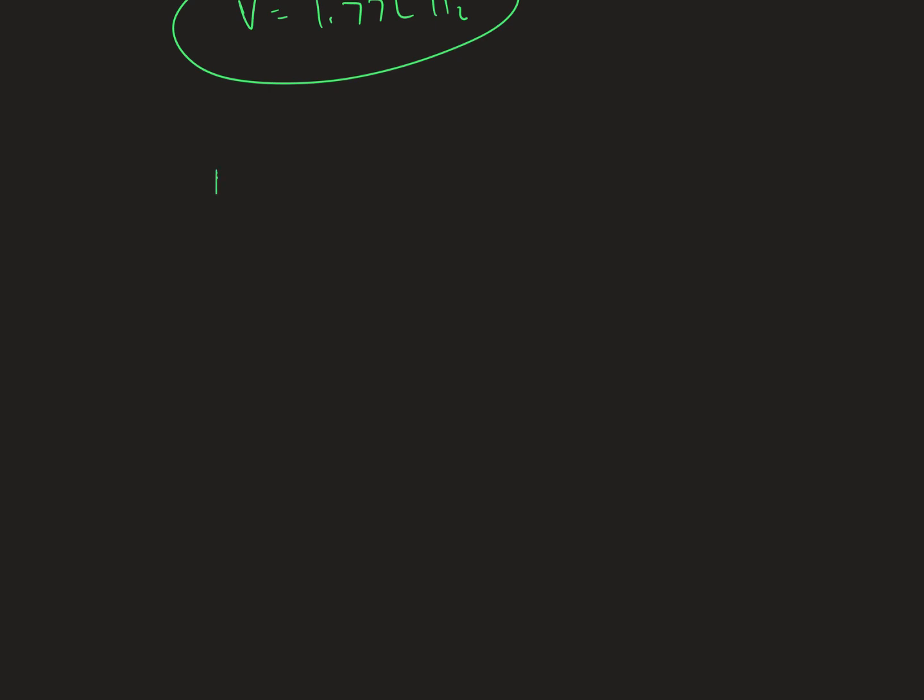So if we have the total pressure of our atmosphere, I'm just going to say PT, total pressure. That's going to equal the pressure of gas A plus the pressure of gas B plus the pressure of gas C plus however many gases you have. Does that make sense in your mind? Pretty straightforward. Okay.